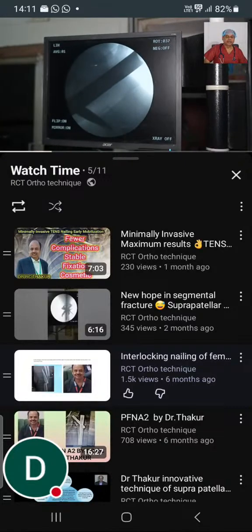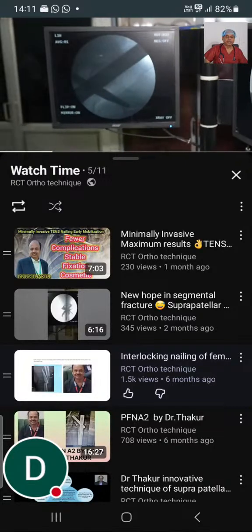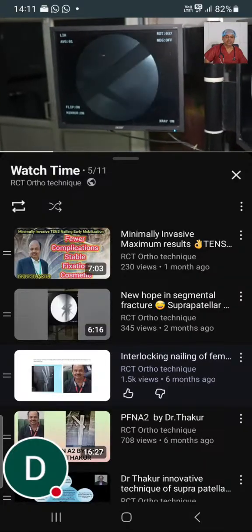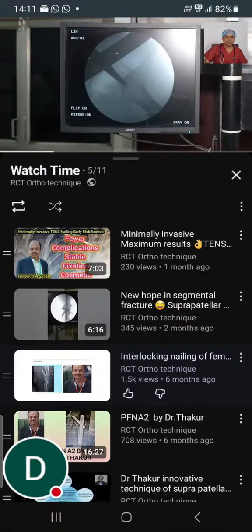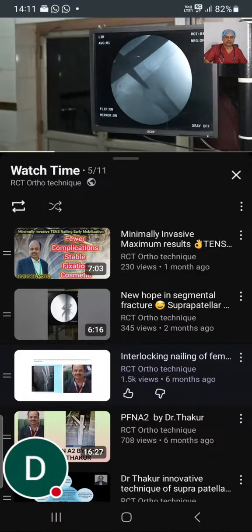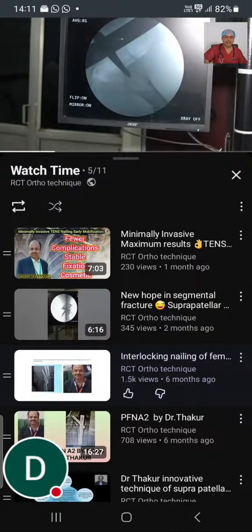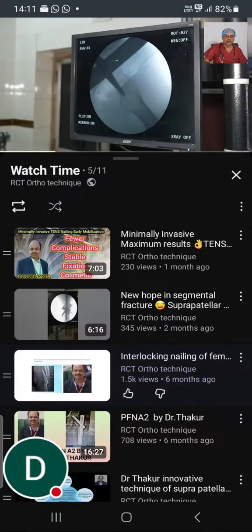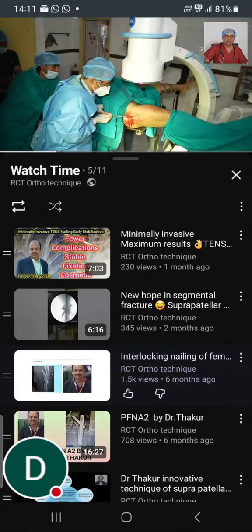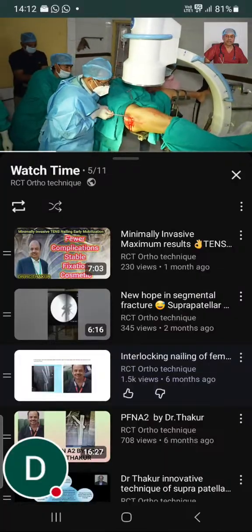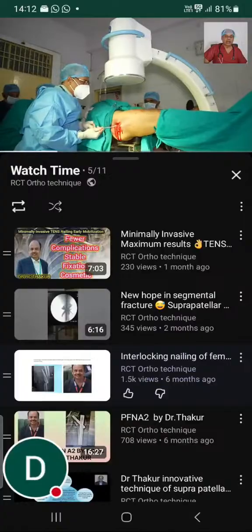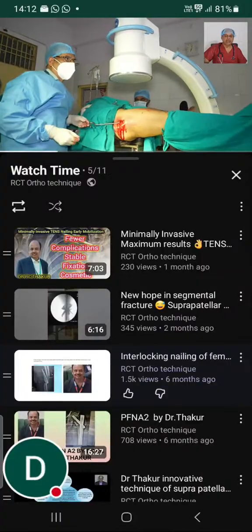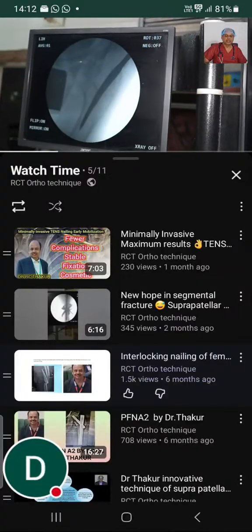This is the lateral view. This is the AP view. And this is the lateral view. Again, I have focused to confirm the entry point. And finally, after confirming in the C-arm picture the correct entry point, I am introducing by a screw movement of the awl.